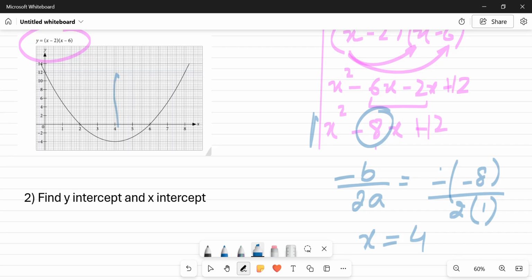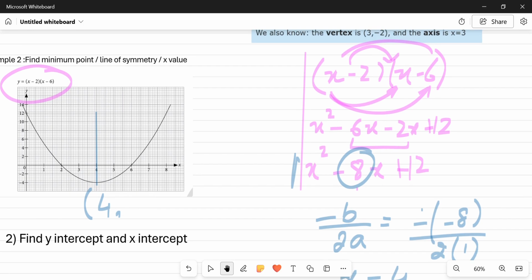So the line of symmetry passes here. Let me draw again. The x value is 4 here, the vertex x is 4. And what is the y value? You substitute the x value in this question.